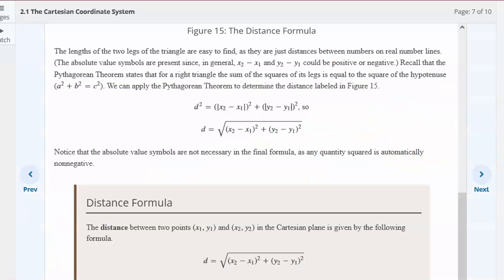So you want to include this in your notes, and there they're actually showing you d squared is the difference of these, and eventually the distance formula. Again, pause as needed.